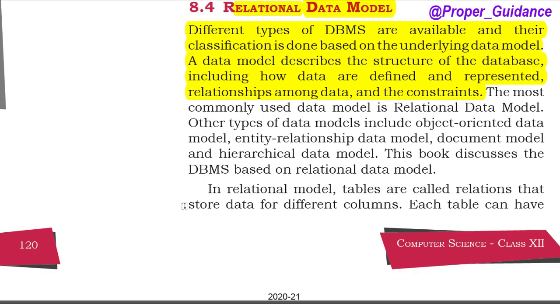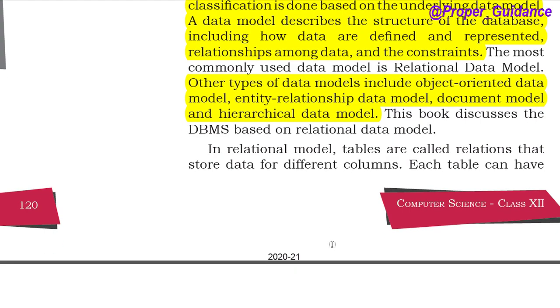The most commonly used data model is the relational data model. Other types of data models include object-oriented data model, entity relationship data model, document model, and hierarchical data model.